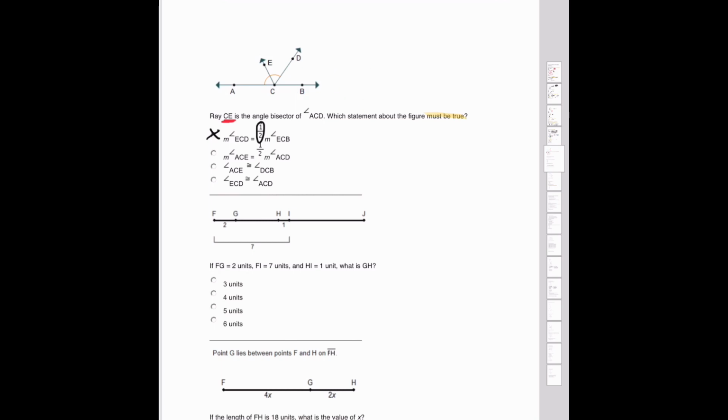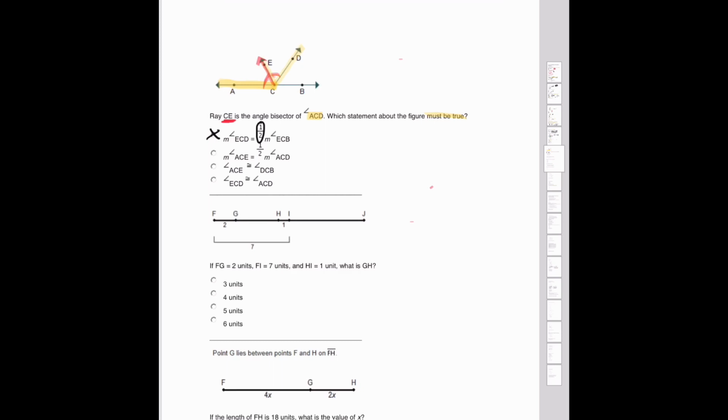Let's look at the next statement. This statement states that ACE is 1/2 the measure of ACD. Well, because we know that CE bisects the angle ACD, it is reasonable to assume that these two angles are congruent.